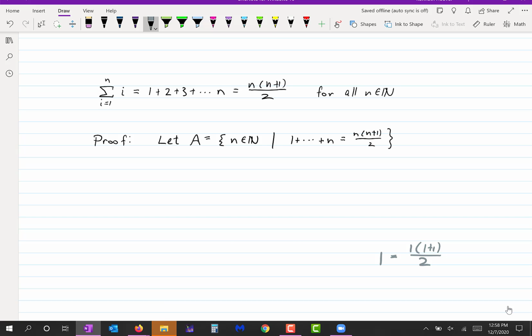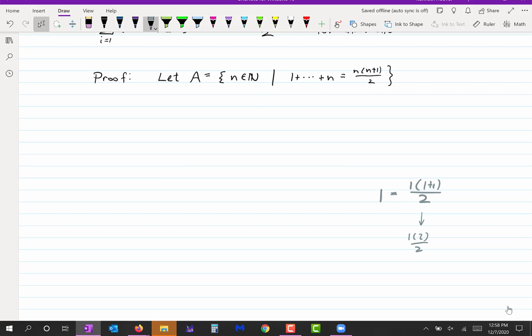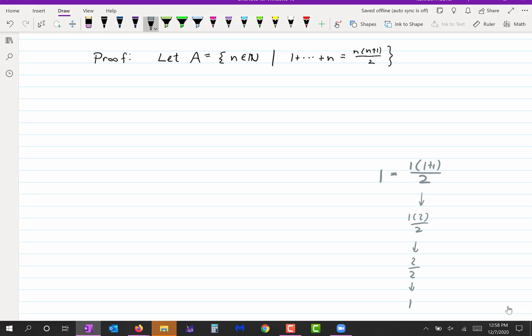In other words, why is that true? That's true because this is 1 times 2 over 2, right? Which is 2 over 2, which is 1, right? Now remember, we've talked before about the logical flow of these things versus the logical flow of your scratch work.